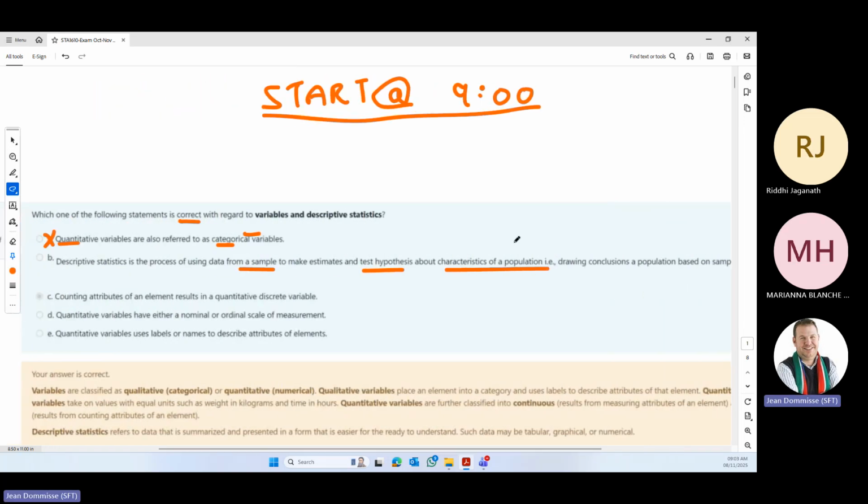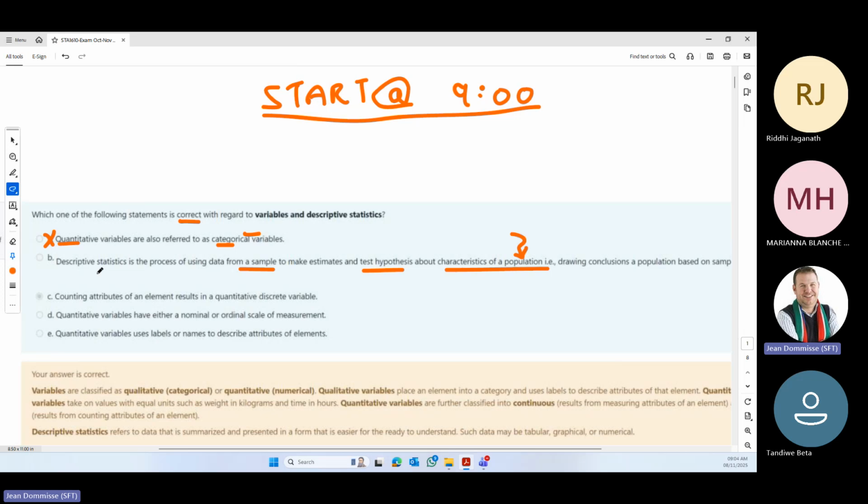Okay, so that is the one where, descriptive stats is the process of using data from a sample to make estimates and test hypotheses about characteristics of that sample.